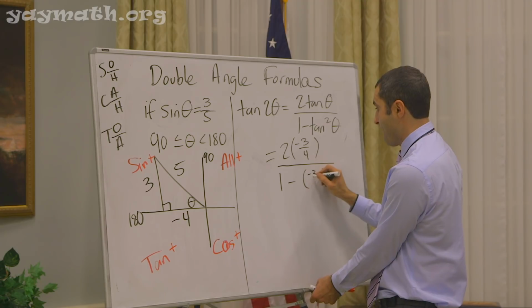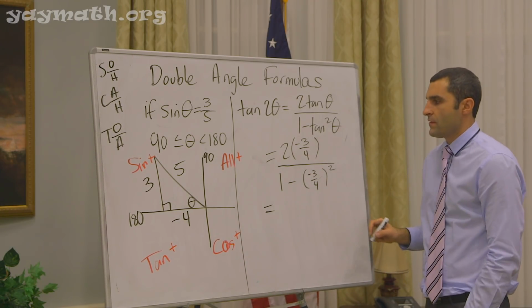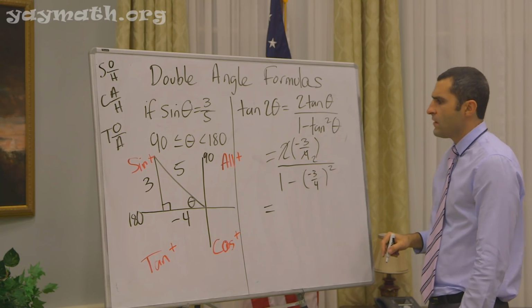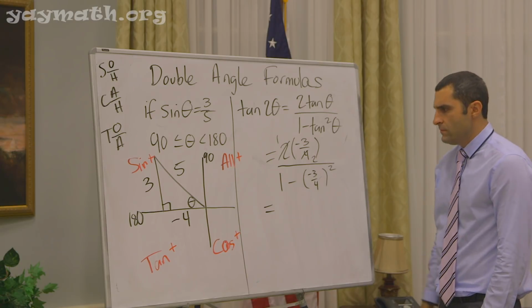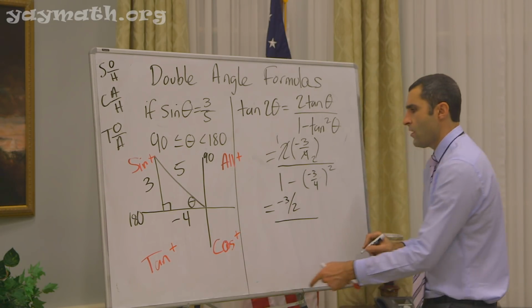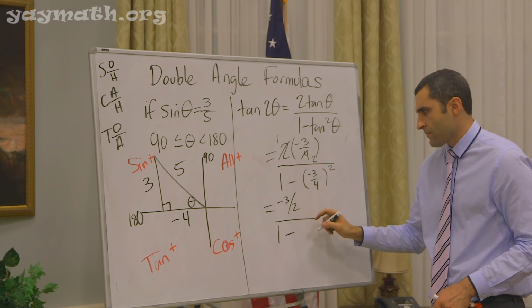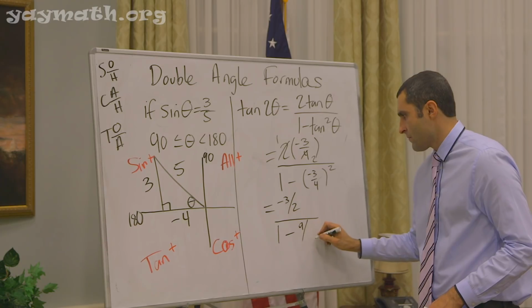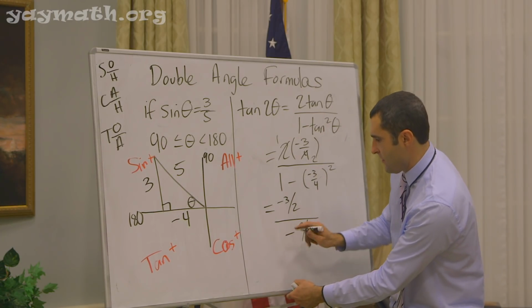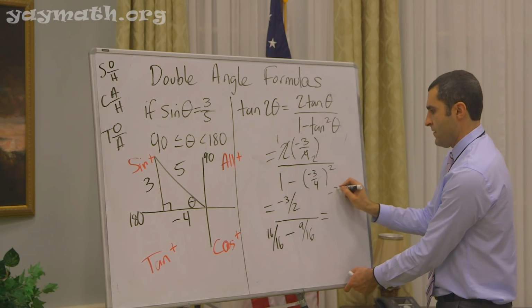So the top becomes 6 over 4, sorry, it's negative 3 over 2, all over 1 minus 9 over 16, which becomes 7 over 16.